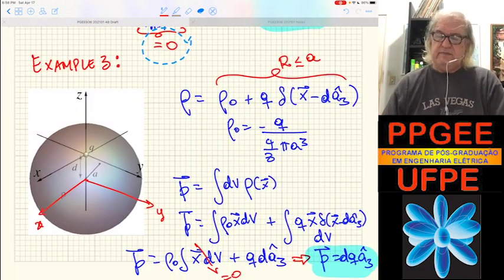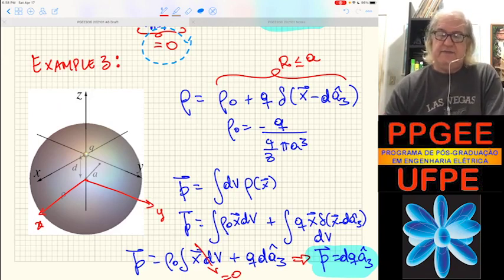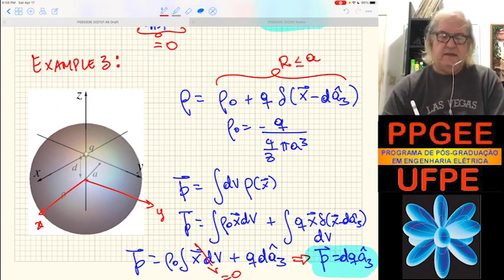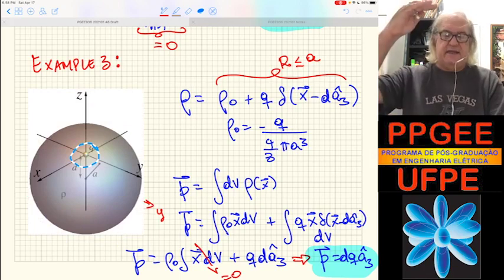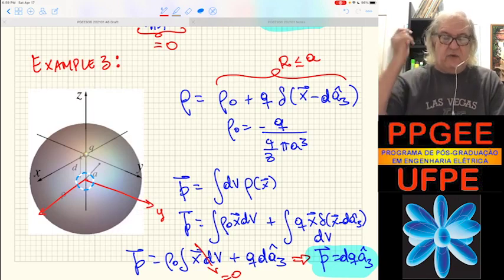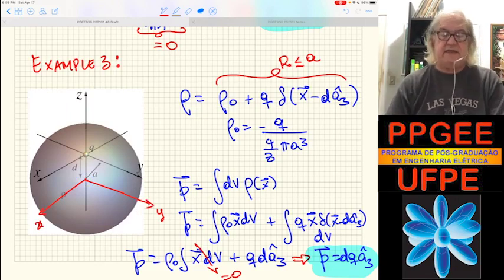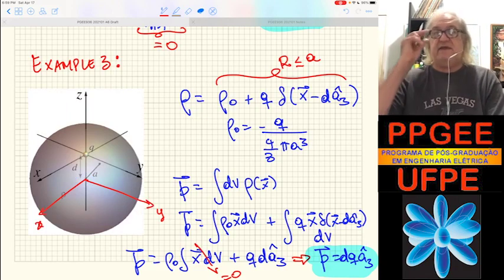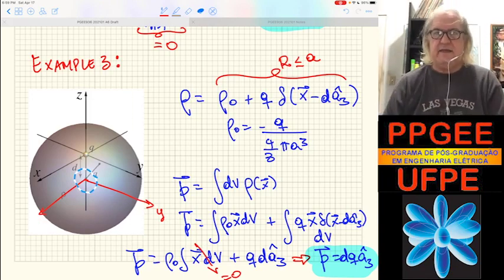Let's assume that we have an electronic cloud like this. I separate the charge externally, so the positive charge is above and the negative charge is below, and I'm putting the reference origin at the center of the sphere.